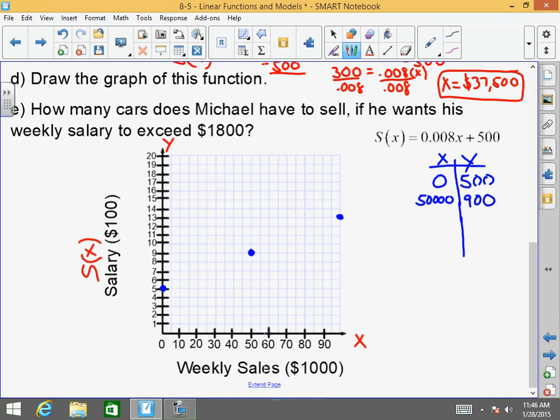And guess what? That is your graph. So actually, you don't even need 3 points. You just need your y-intercept and then choose another point where you're going to have nice, beautiful, even numbers and then create a slope.